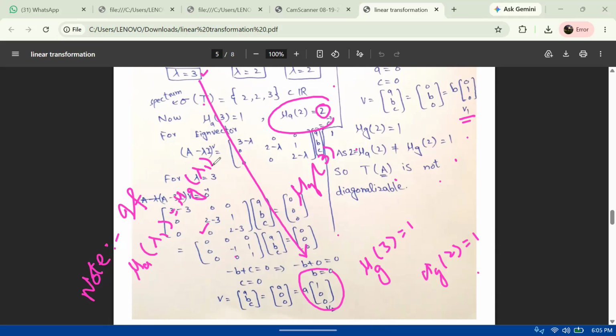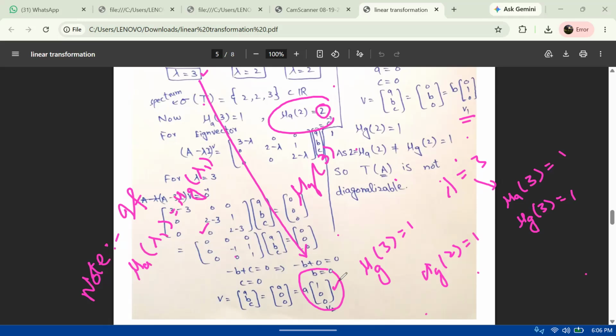In our case, for this A, for lambda equal to 3, we have algebraic multiplicity of 1, because this lambda 3 occurs one time, and the geometric multiplicity of 3 is also 1, which means that for lambda equal to 3 you got only one eigenvector, which is v1. So the algebraic and geometric multiplicity is the same for the eigenvalue lambda equal to 3.